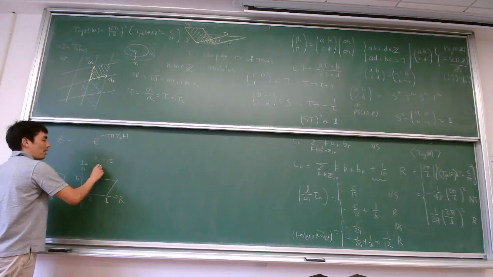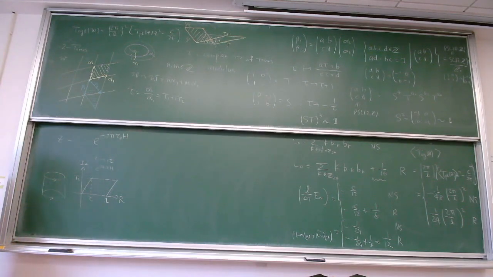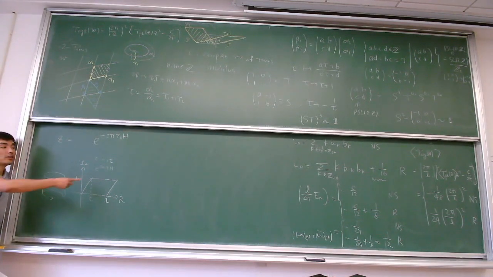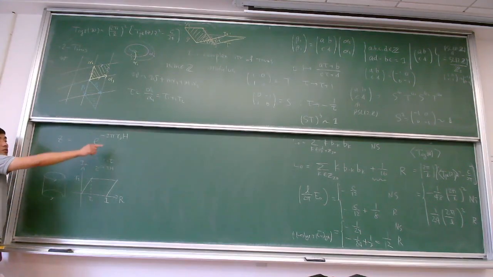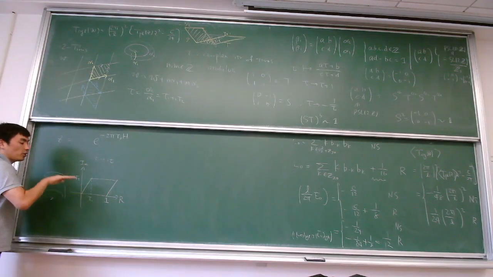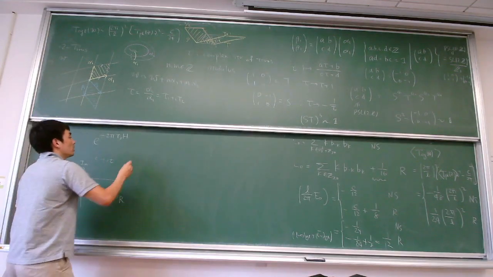Usually e to the 2 pi i t H is the usual Hamiltonian unitary transformation in time translation, but if you use the Euclidean coordinate, you get a minus like this. Then you have tau 2 amount, and you have to do the translation in the spatial direction.